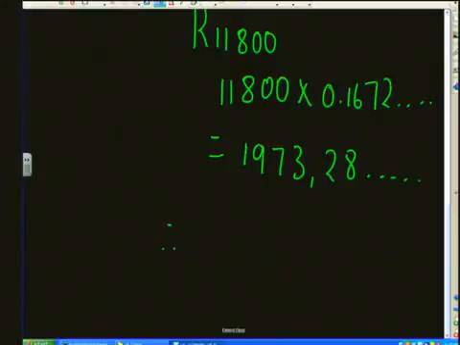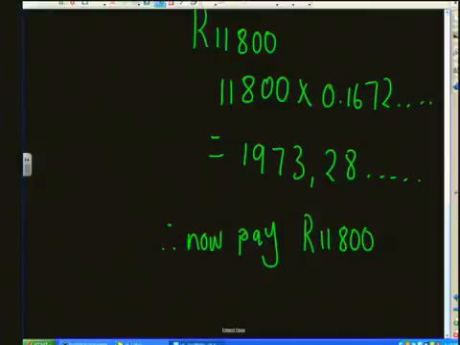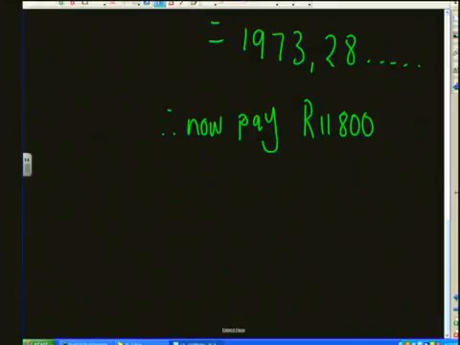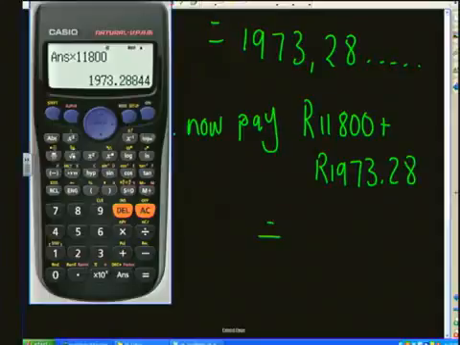Therefore, I will now pay, a year later, you're going to pay 11,800 Rand plus this increase in the amount, 1973.28. Again, I haven't rounded off. We've kept that answer on the calculator.